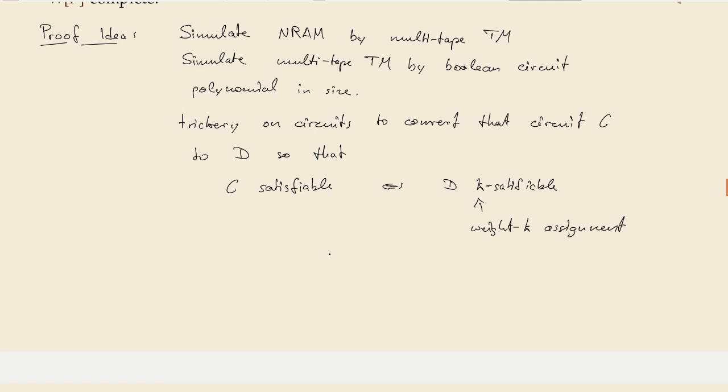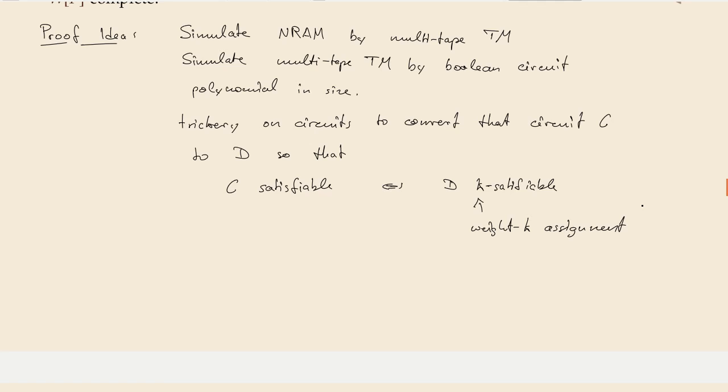You can interpret blocks of these where you pick exactly one variable as a number. So the idea is you take a block of these, and then the variable that's true in that block tells you what number it is.